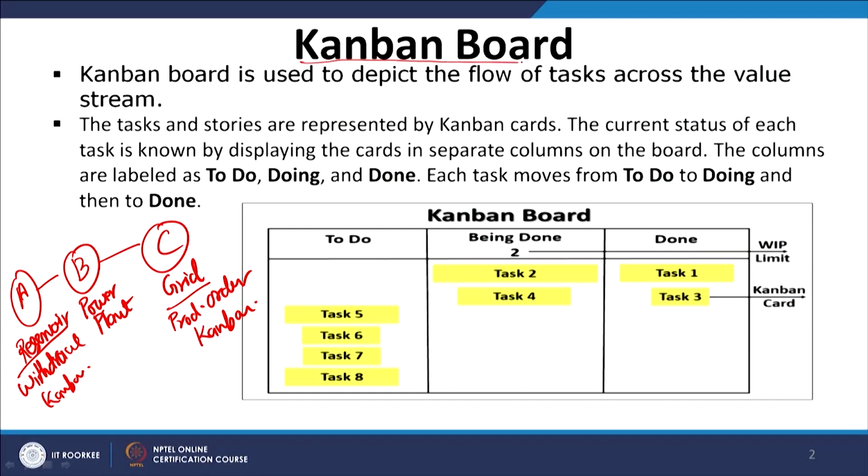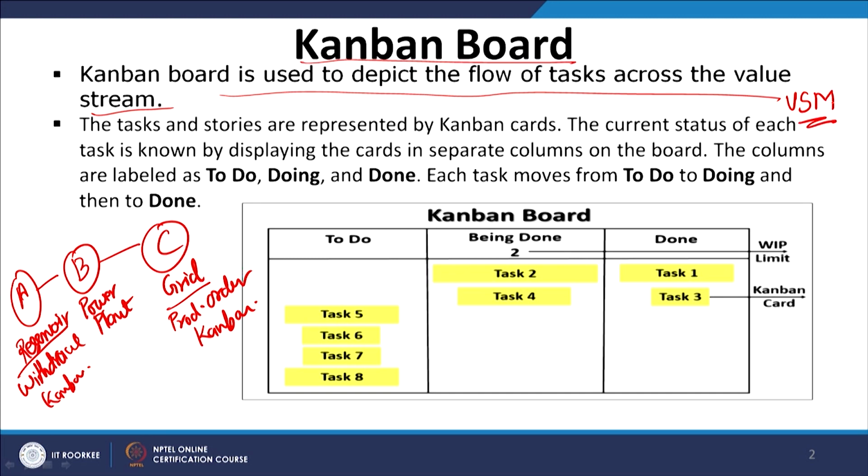One is Kanban board. The Kanban board, we have a diagram for that here, and in this diagram you see there are 3 columns. So, Kanban board is used to depict the flow of tasks across the value stream. So, we have already discussed in our previous week about value stream mapping.